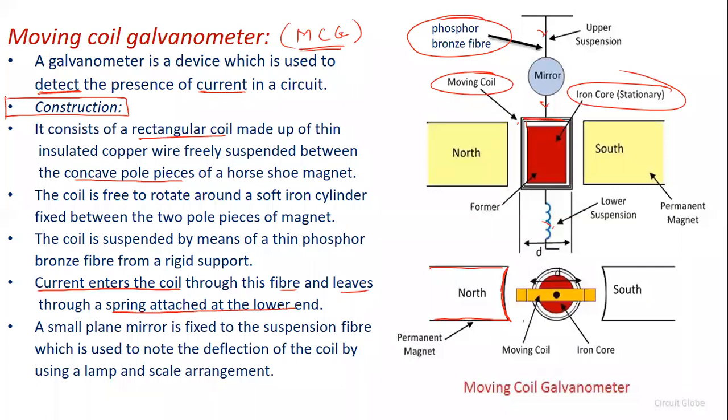A small plane mirror is fixed to the suspension fiber to note the deflection of the coil. Deflection of the coil is measured by using this mirror. So this is the construction of the moving coil galvanometer.